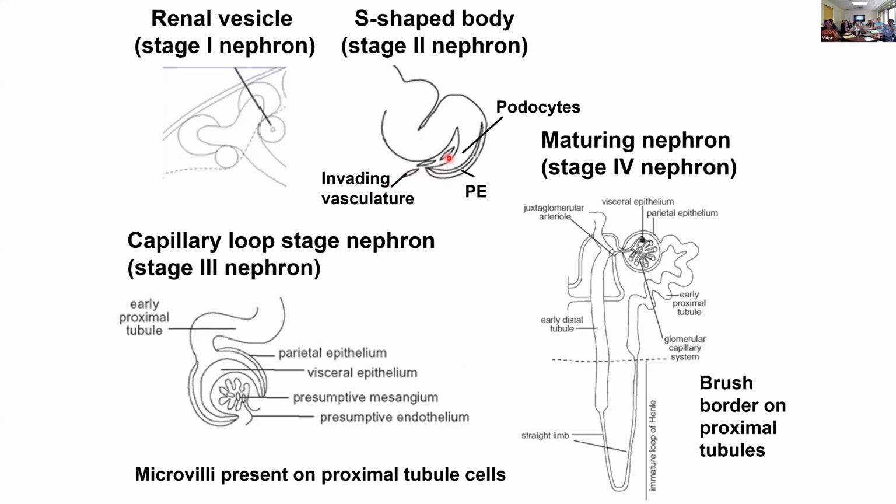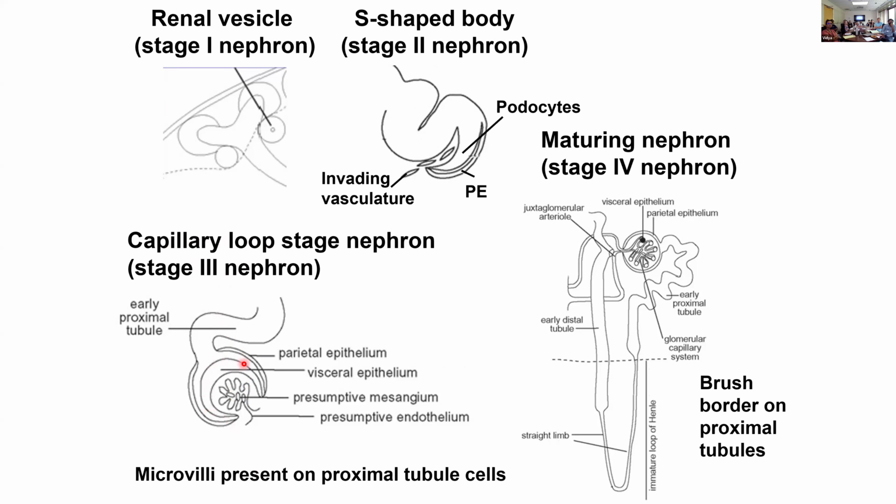And then the mesangial cells will also go in, and the famous one is the PDGF receptor beta knockout, where there are no mesangial cells. The S-shaped body will further differentiate into the stage called the capillary loop stage nephron, which is also called stage 3 nephron. That's rarely used. Capillary loop stage nephron is the term that people use.